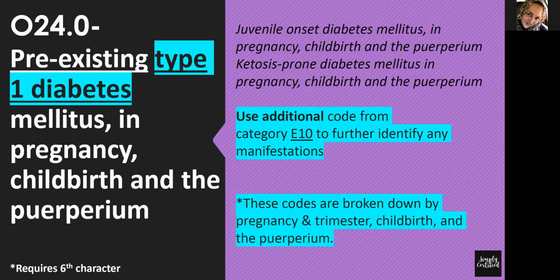All right, something to keep in mind is the codes from category O24.0, or mostly all of them anyway, are going to require 6th and sometimes 7th character coding. So O24.0 is pre-existing type 1 diabetes in pregnancy, childbirth, and of course the puerperium.